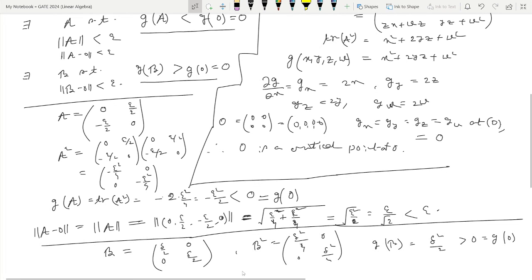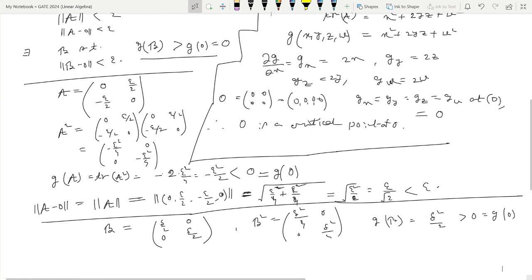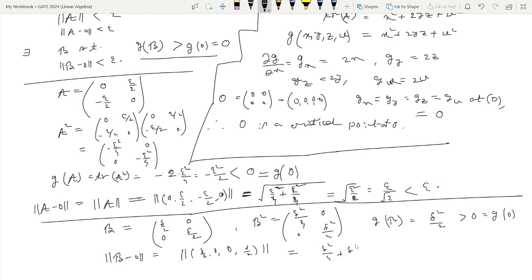And also when we calculate the norm of this matrix B, that is norm B minus 0 equal to norm B, simply taken as an element of R4, this will be delta by 2 comma 0 comma 0 comma delta by 2. So this will be delta square by 4 plus delta square by 4 root over this. So this is delta square by 2 root over, so this is delta by root 2.